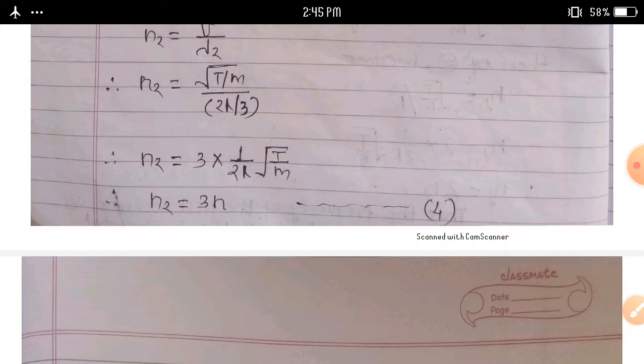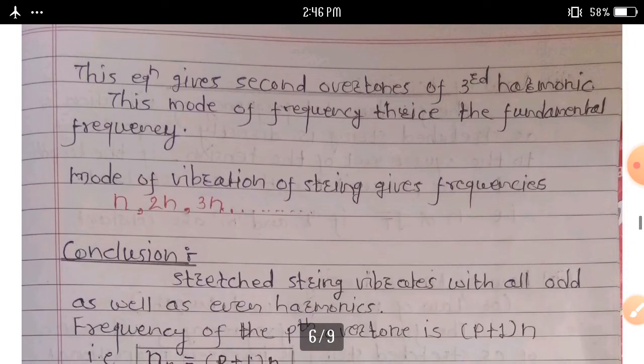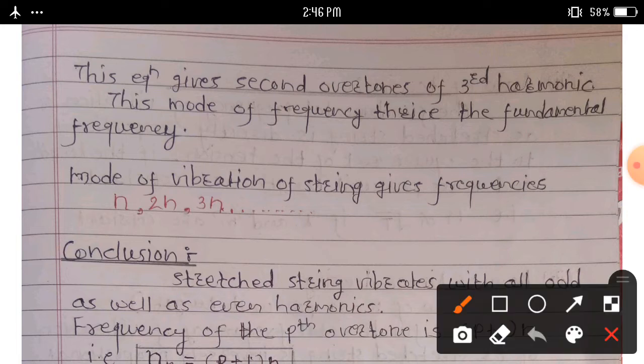Then we calculate the second mode of vibration, which gives frequency n1, and next we consider the third mode of vibration or second overtone, which gives frequency n2. According to this, the modes of vibration of the string give frequencies n, twice n and thrice n, and so on.